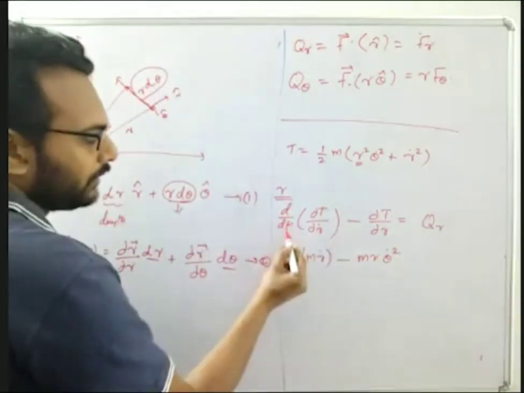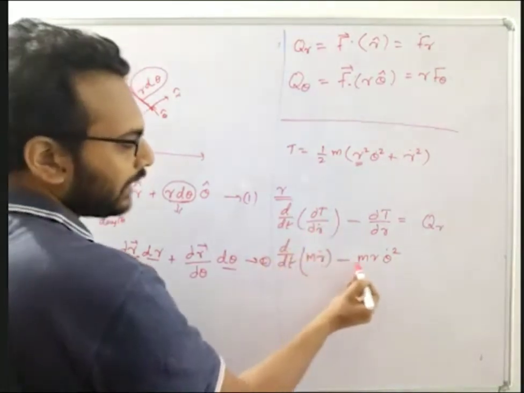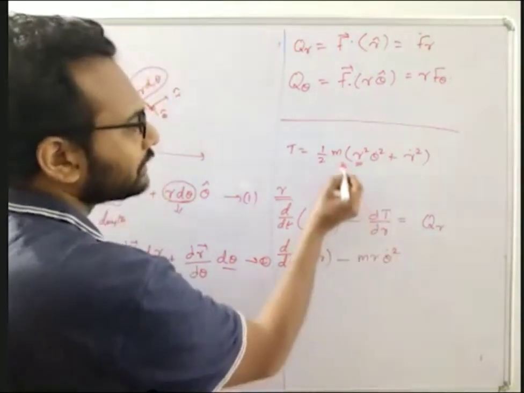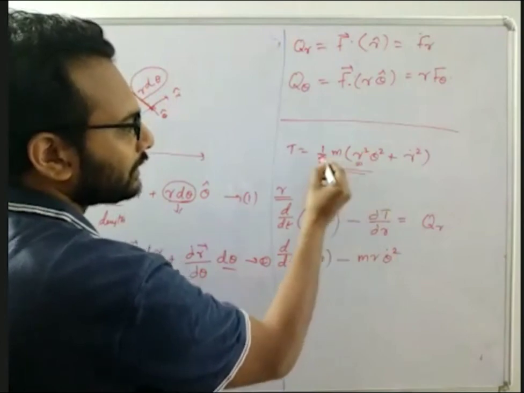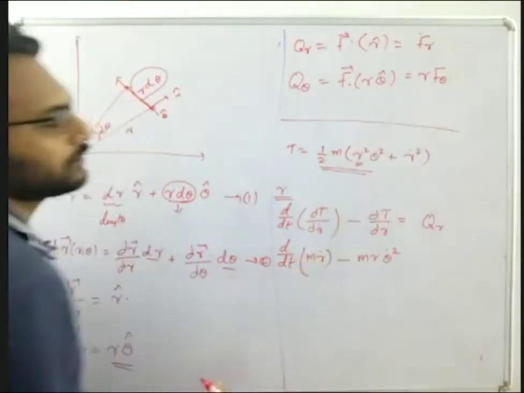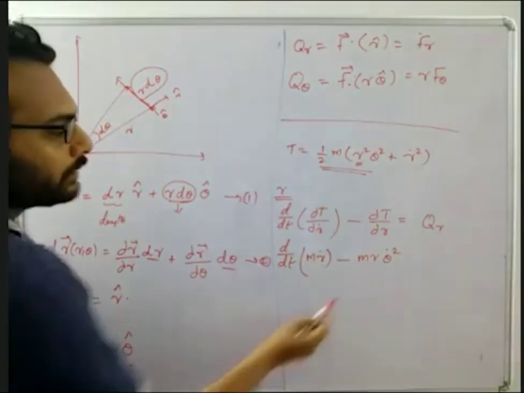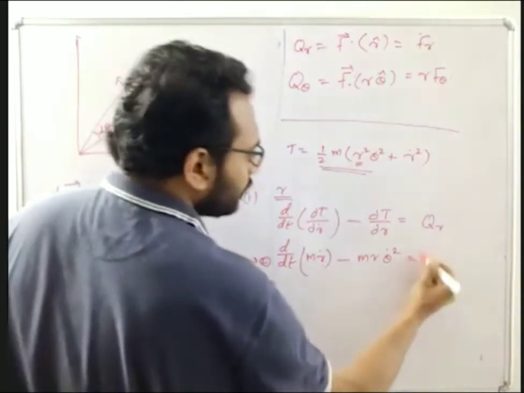So we have d by dt of m r dot, minus m r theta dot square. Why m r theta dot square? Because you take the derivative with respect to r here, so there's a square here, and the derivative of x square is 2x, etc. So minus m r theta dot square is equal to Q_r.